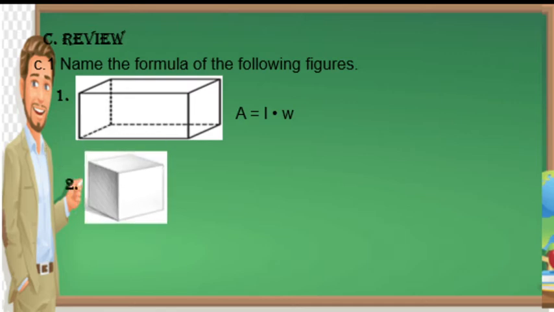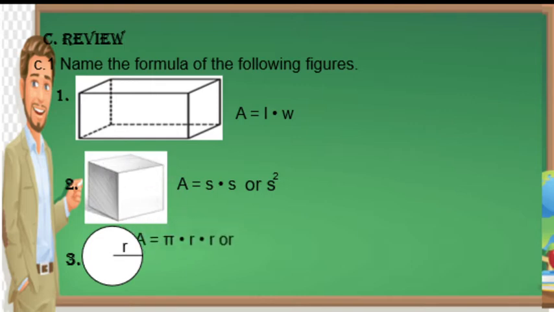The area is equal to S times S, or S squared. This one is a circle. How to get the area of a circle? This is equal to pi multiplied by r times r, or pi r squared.